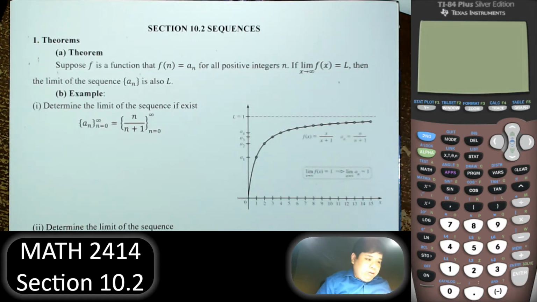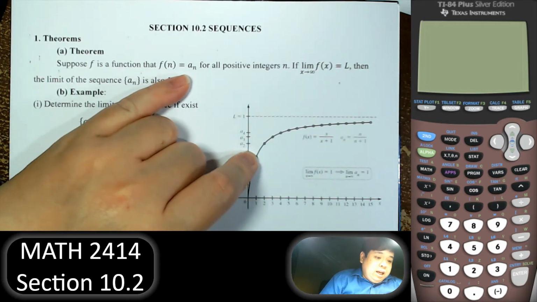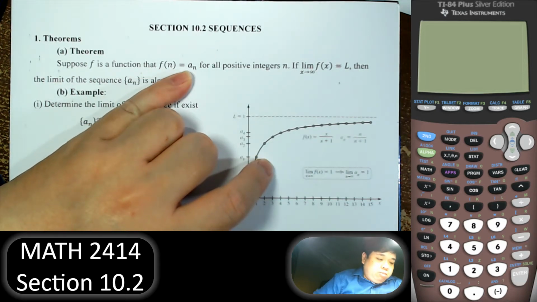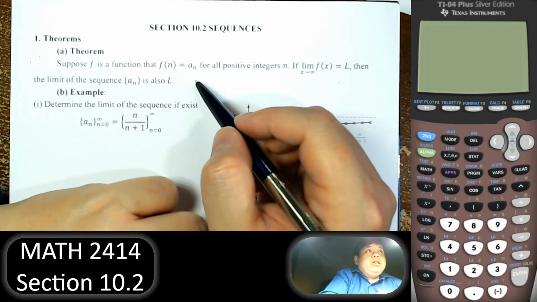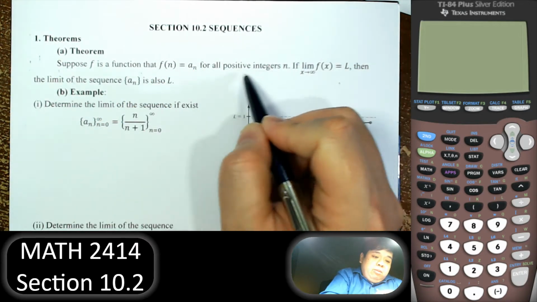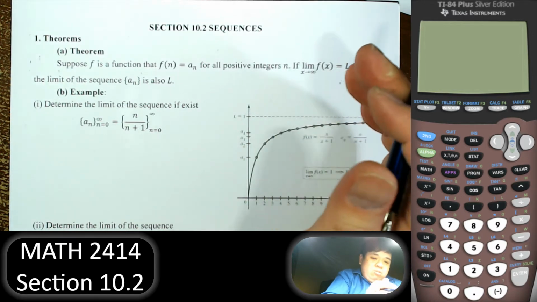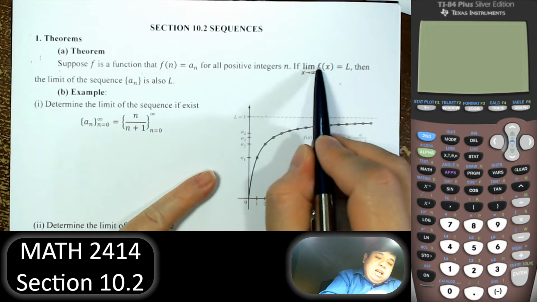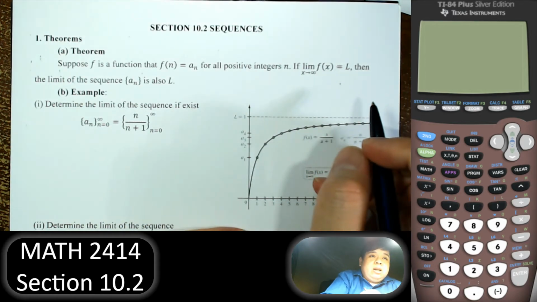So the first theorem says if the function is equal to a term of the sequence when n is a positive integer, or we could even say whole numbers, it doesn't matter, then the limit of the function is the same as the limit of the sequence.